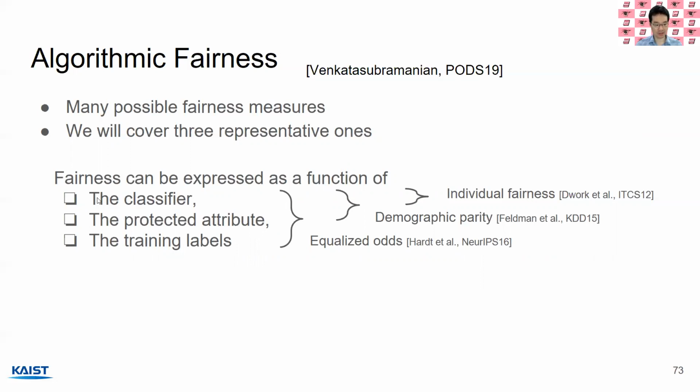Another class uses the classifier and the protected attribute, where the protected attribute can be something like race or gender. And the third group uses all of these three, so it also uses the training labels. For each of these categories, I'm going to cover the representative measures: first demographic parity, then equalized odds, then individual fairness.